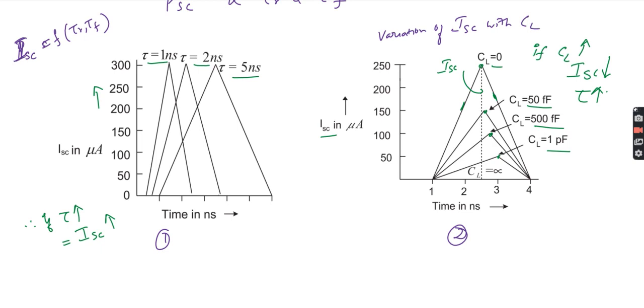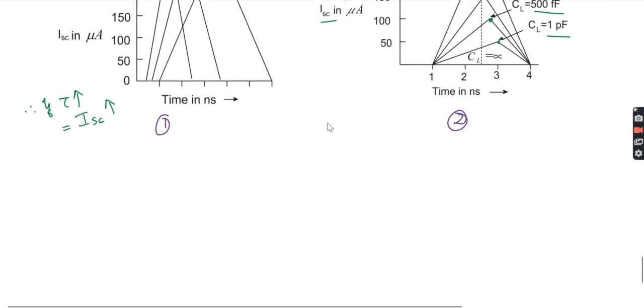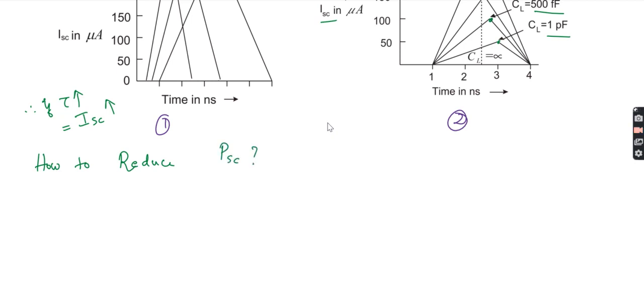So when we are having the short circuit, one thing I can say here is that the short circuit power can also be reduced. How can we reduce the short circuit power dissipation?